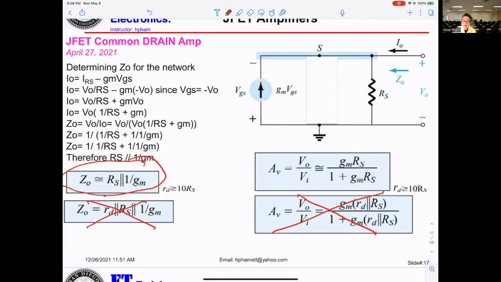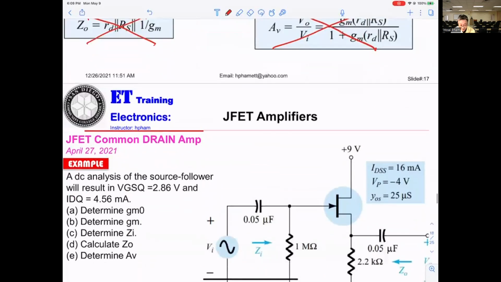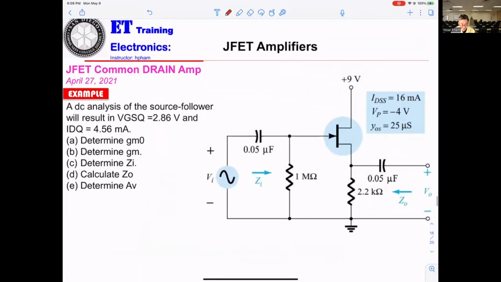That includes R small d. If you go to the university for engineering, then you have to know. They want to include R small d. But if R small d is higher than 10 times RS, that means it will be ignored. Normally that output internal resistance has a very high value.